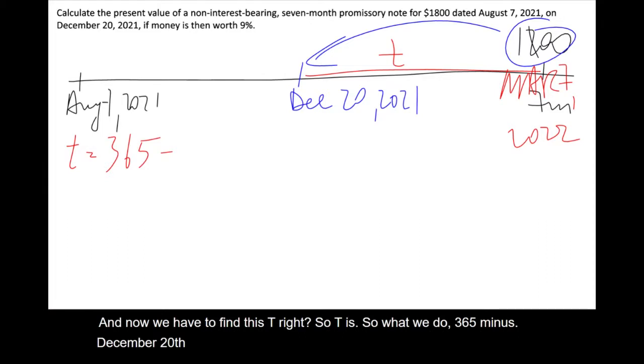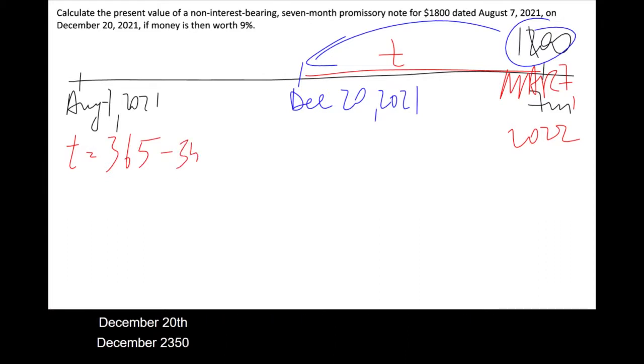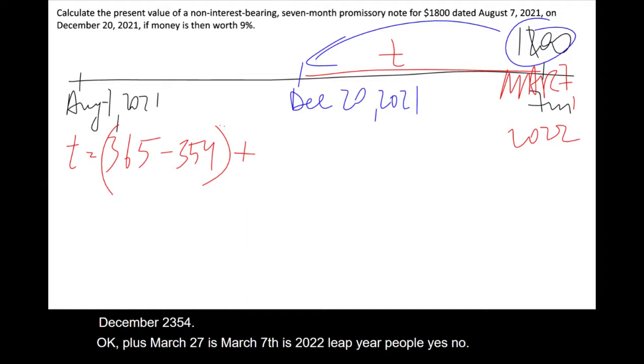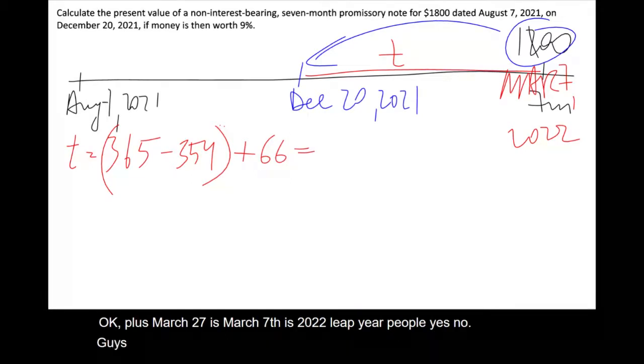December 20th, 354. Okay, plus March 7. Is 2022 a leap year, people? Yes, no? Guys, is 2022 a leap year?